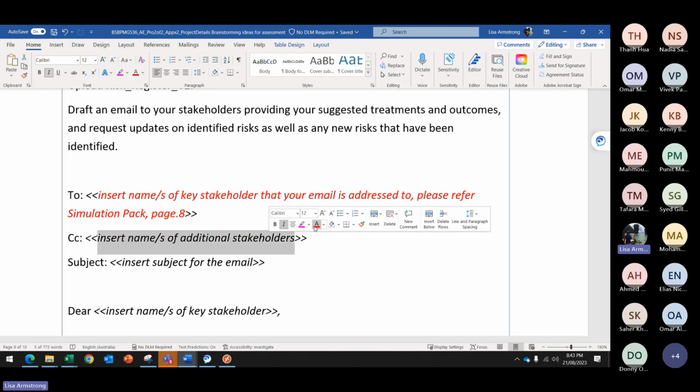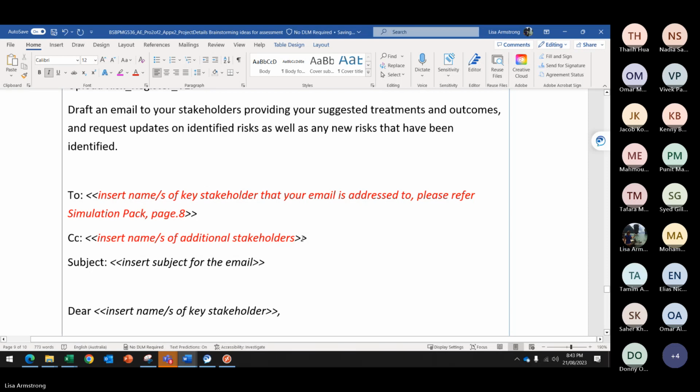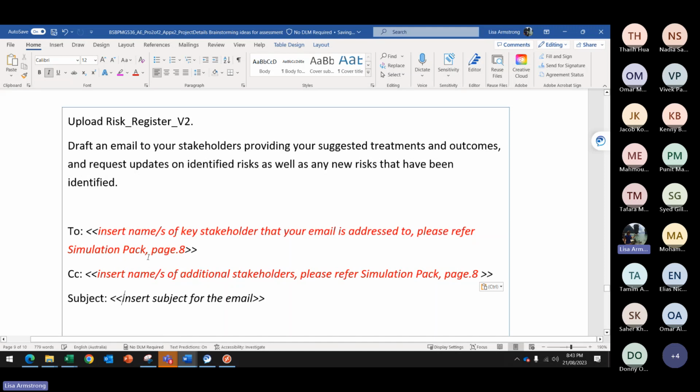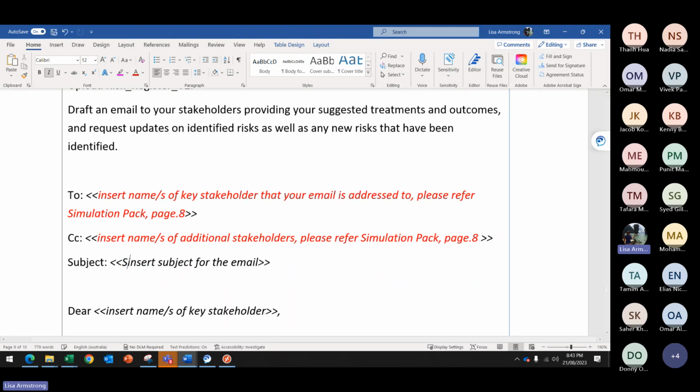And there might be additional stakeholders we want to again include. Again, you can use any of those from page 8 of our simulation pack. And the subject is, what do we draft an email providing you, and request updates. So this is basically for a status report. Update on risks for annual conference project, or something like that.